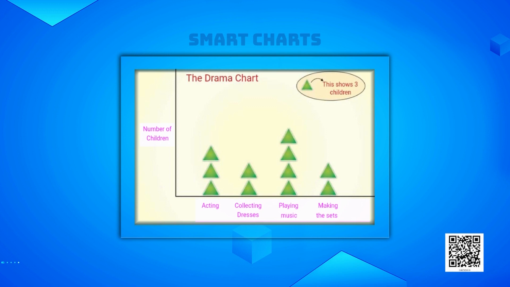Here each triangle represents 3 children. The responsibilities are acting, collecting dresses, playing music and making the sets.